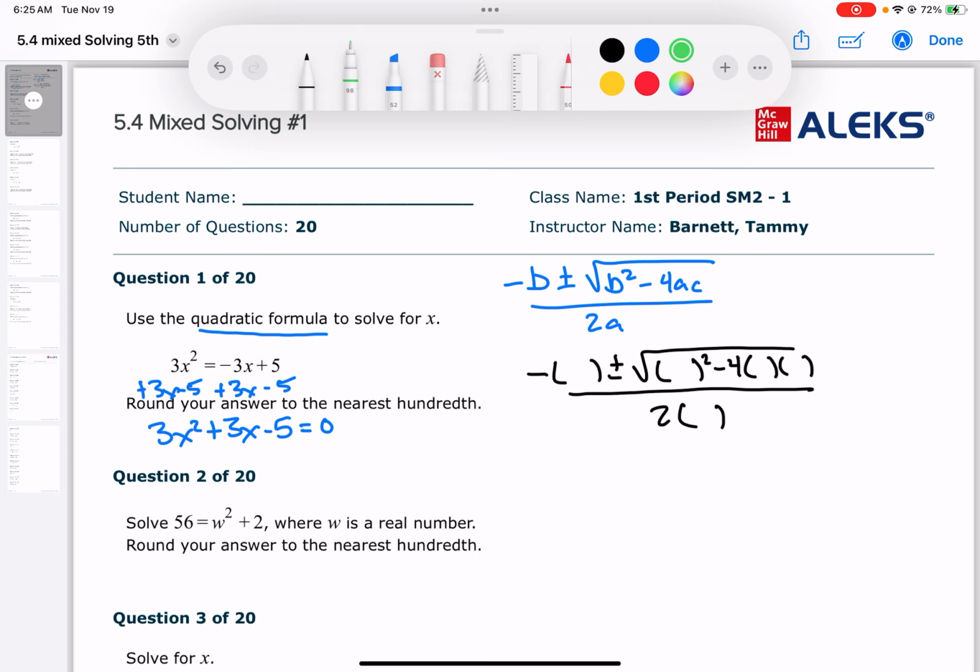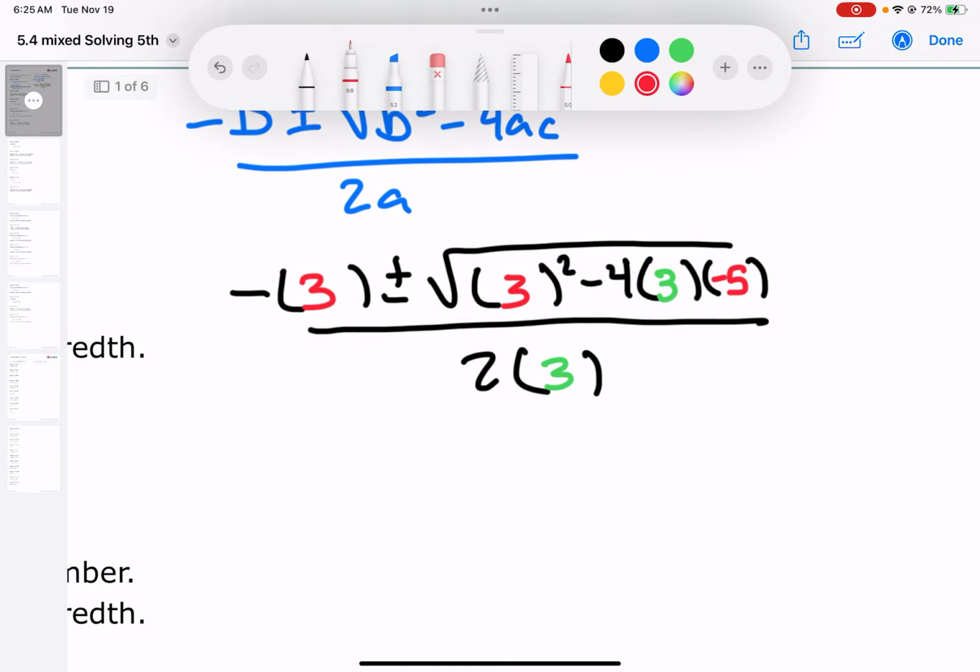Now I'll go in and fill in. I have 3 as my a, which is right here and right here. I got a 3 also as my b. And then my c is a negative 5.